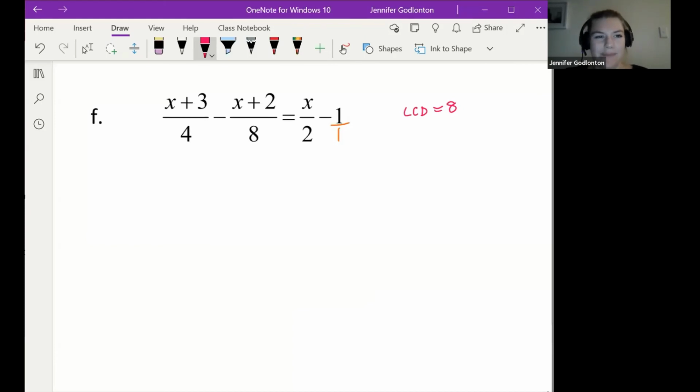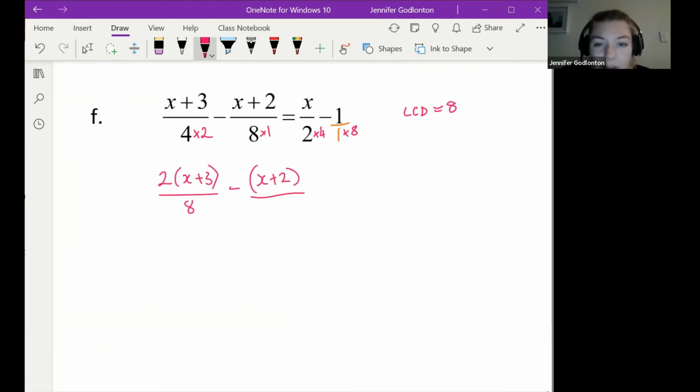So the next step will be 2 bracket x plus 3 over 8, minus x plus 2 over 8, and we need to keep that in brackets.